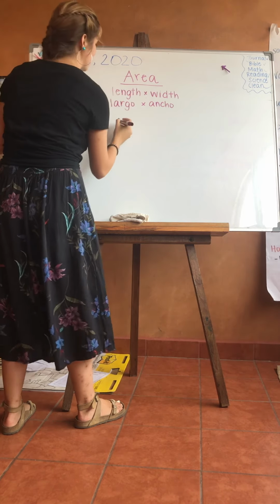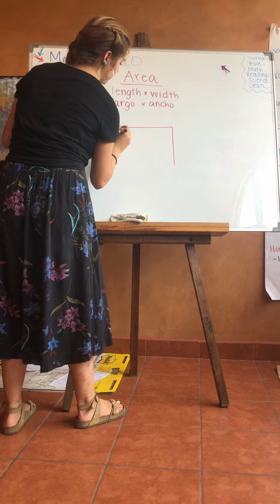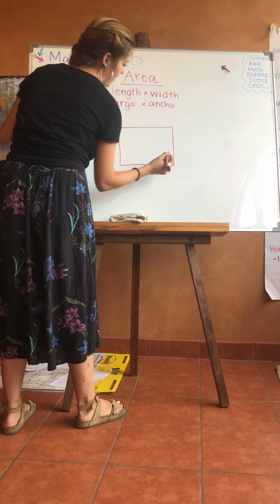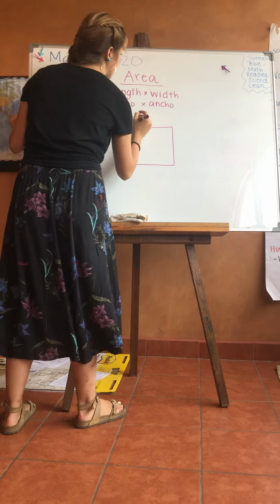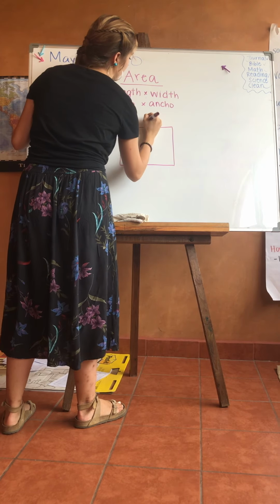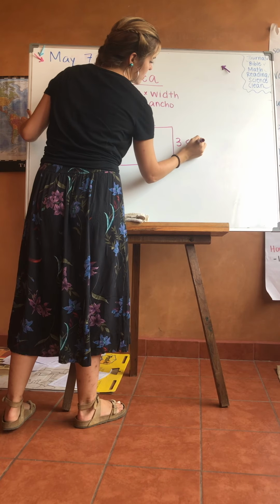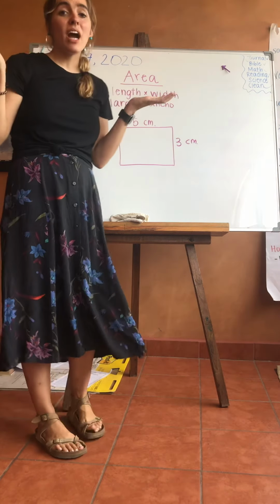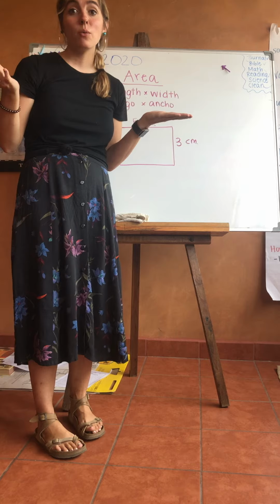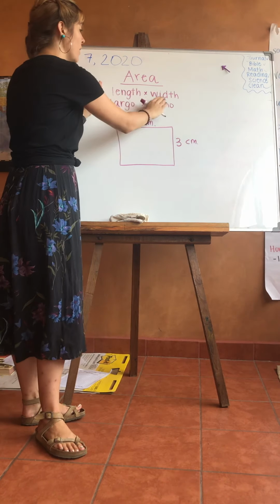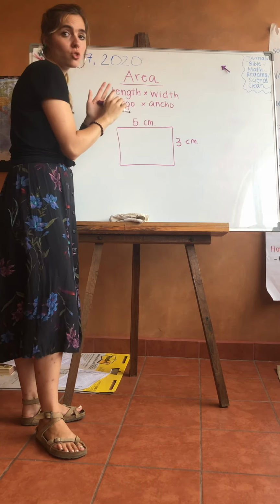Awesome. Okay, so I have a rectangle, and we're pretending that it's 5 centimeters times 3 centimeters. Well, what is our equation for area? Our equation is length times width. Largo por ancho.